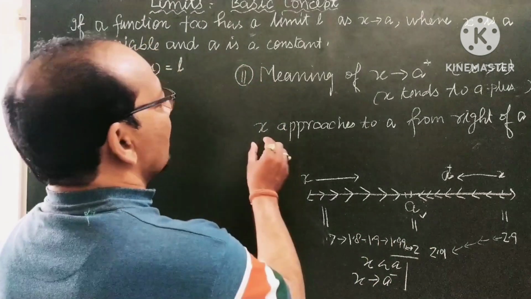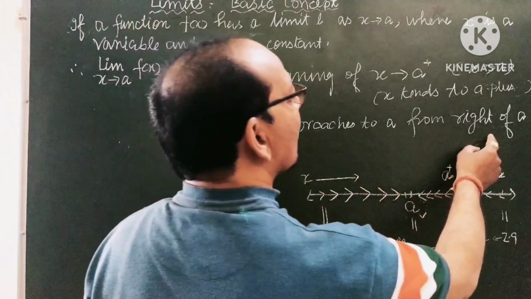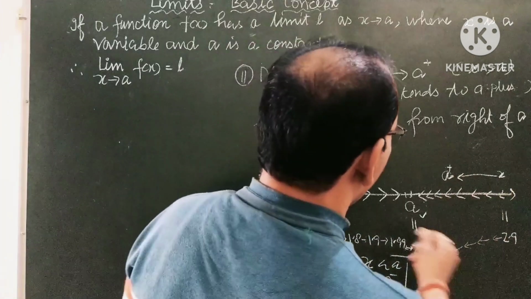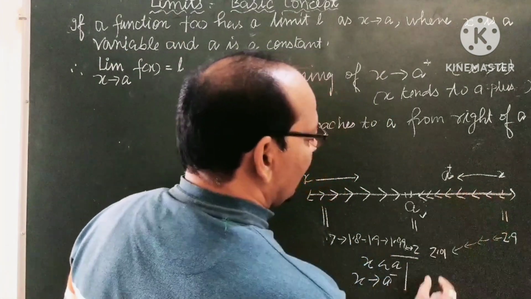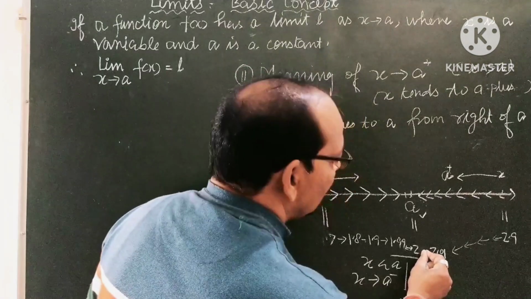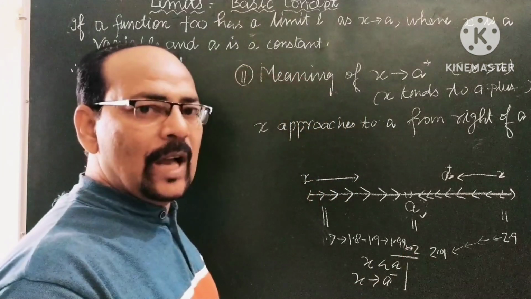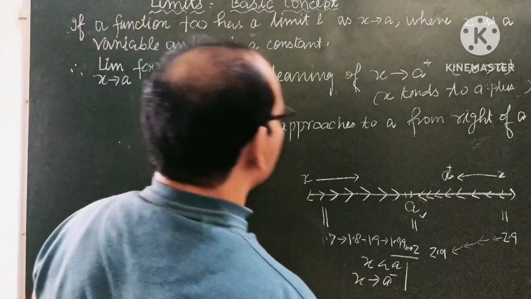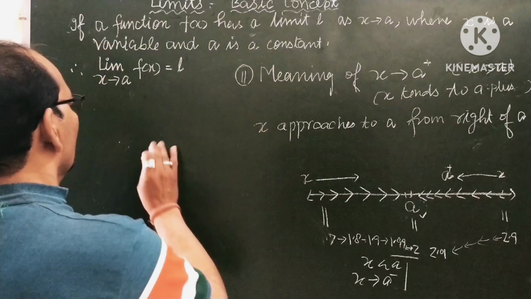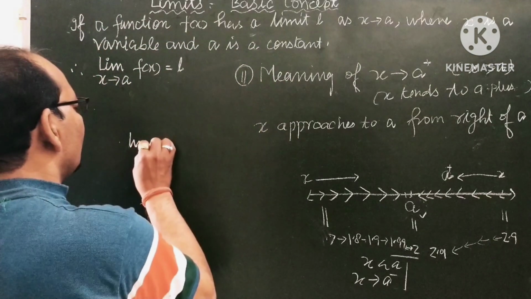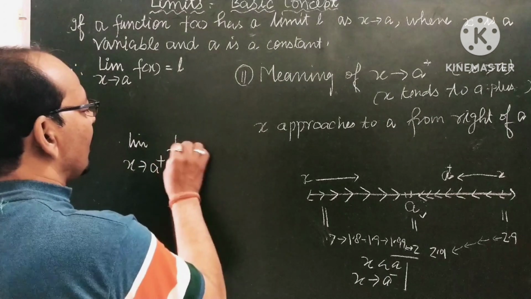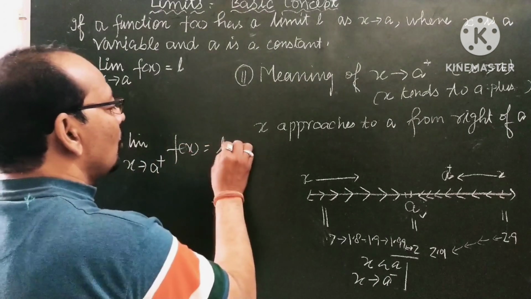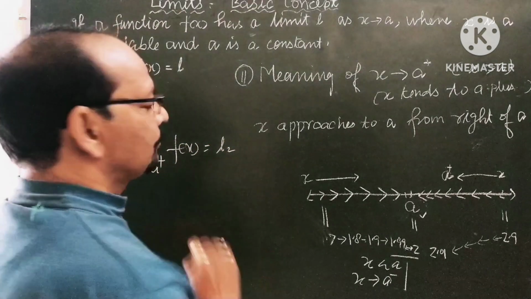In this condition, x approaches a from the right of a, and the distance between x and a will be as small as possible. Therefore, we can write the limit of f(x) as x tends to a plus equals, let it be, L2.